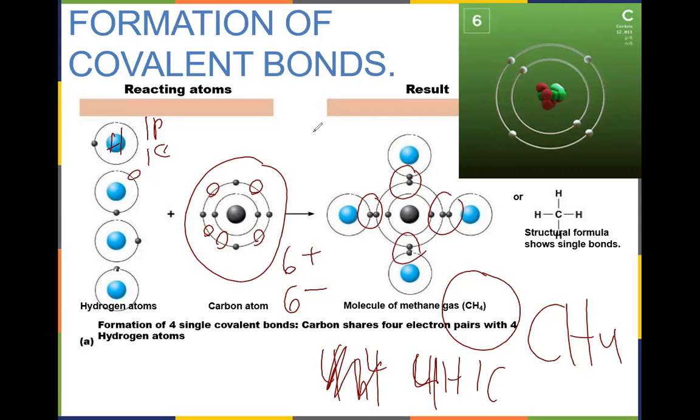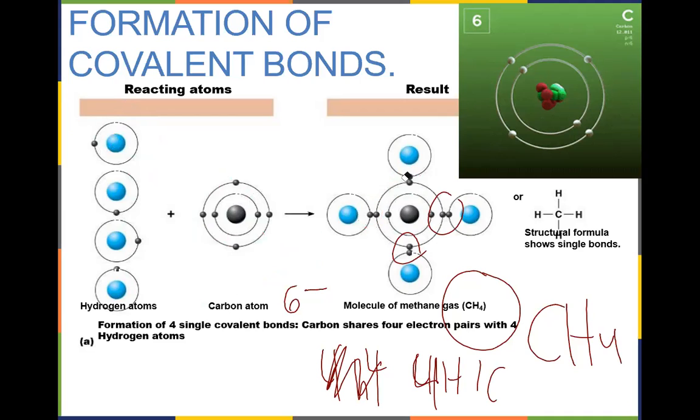Now, what do we know about methane gas? Methane gas is natural gas. It's the stuff that we can heat with, that we can power vehicles with, we can cook with it.